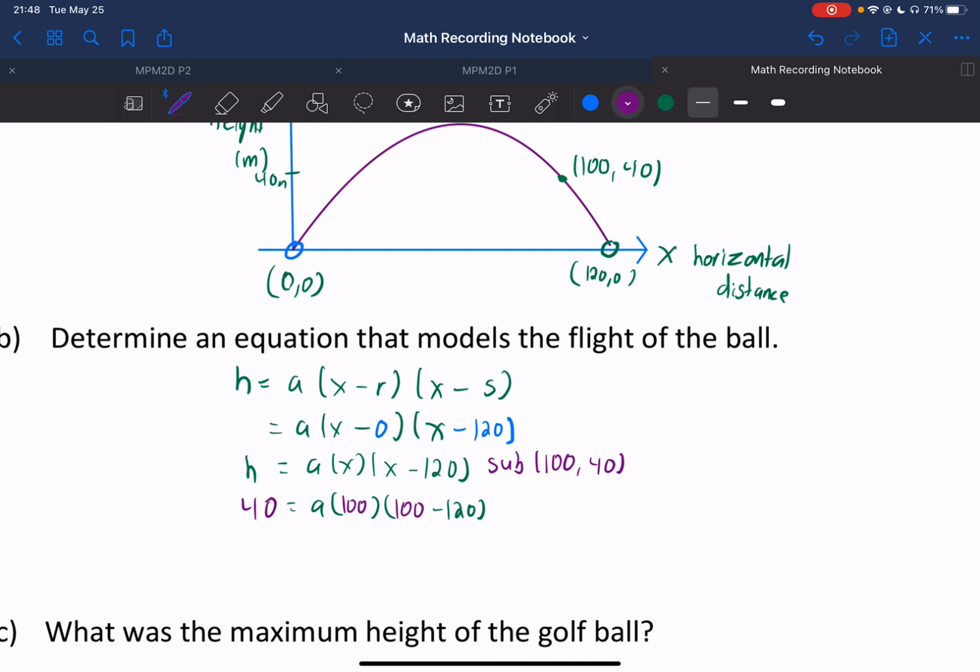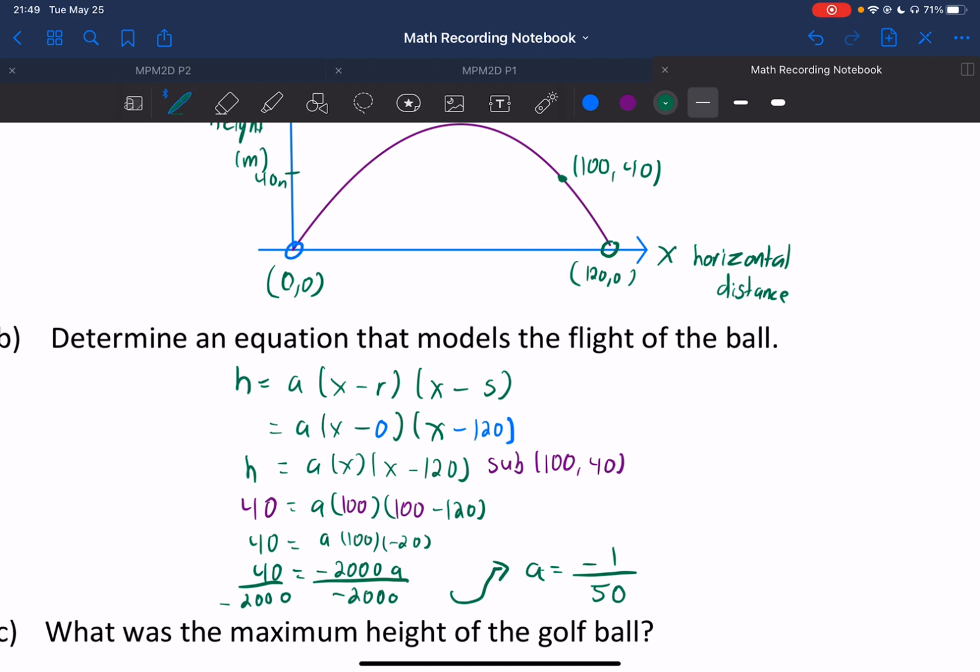What we end up getting is 40 equals a times 100 times negative 20. So we get negative 2,000a equals 40. We divide both sides by negative 2,000, and what you get for a is negative 1 over 50.